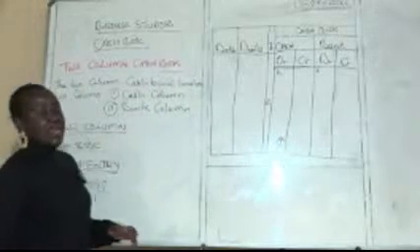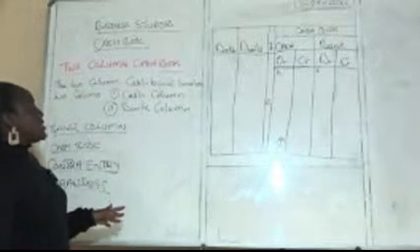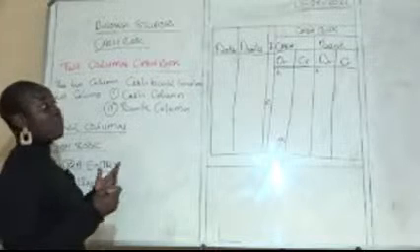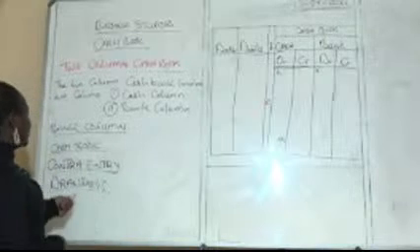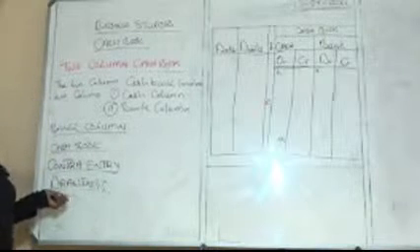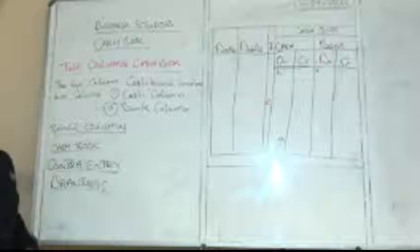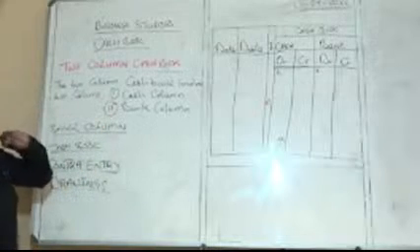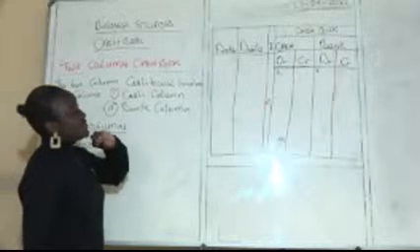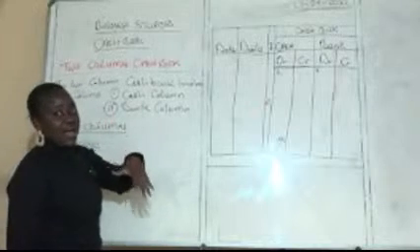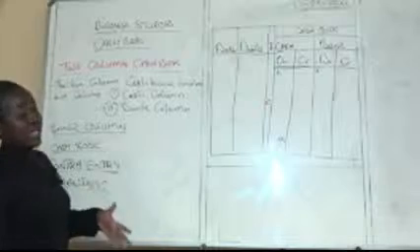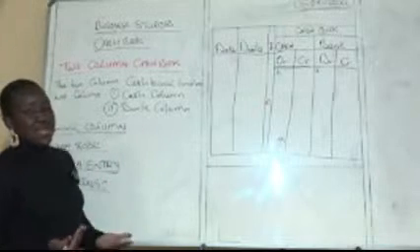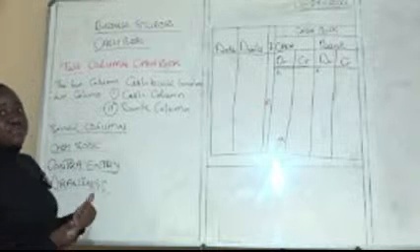But if the statement says withdrew cash for personal use or for private purposes, that's drawings, okay? Whenever the business owner withdraws money from their account, there's a decrease of money, either from the cash or the bank, depending on where the owner decides to withdraw that money from.